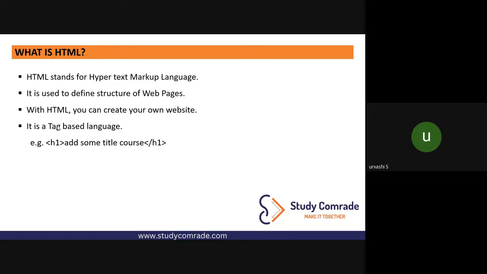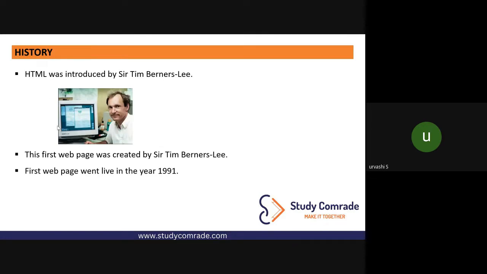Now, the next question: why do we always learn HTML in front-end development? Why is it that important? Is there any other language I can learn before HTML? For that, we need to see the history. The history of front-end and website development started around 1990. This is Sir Tim Berners-Lee. He introduced HTML.